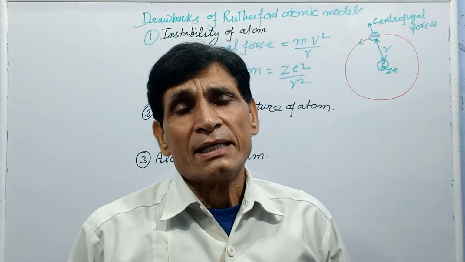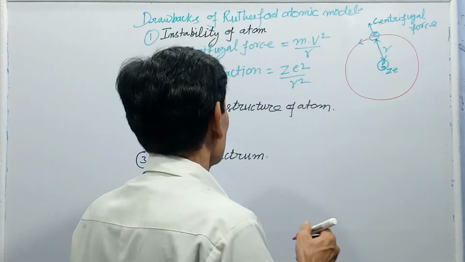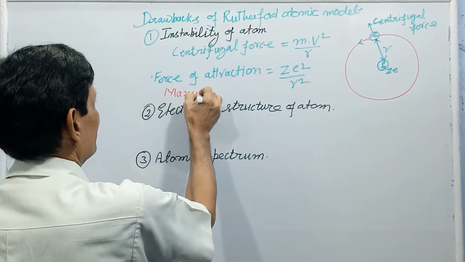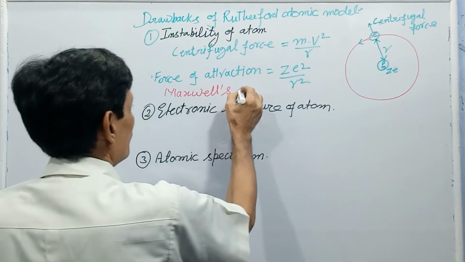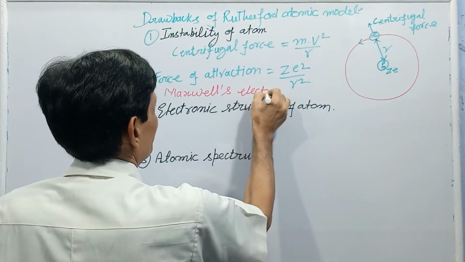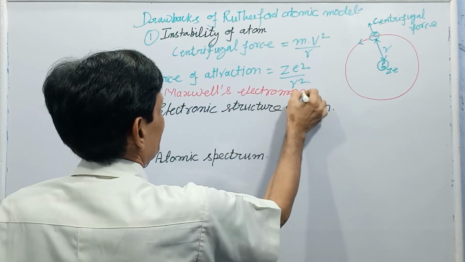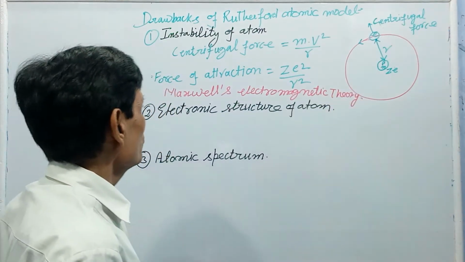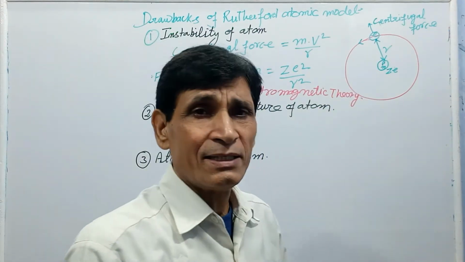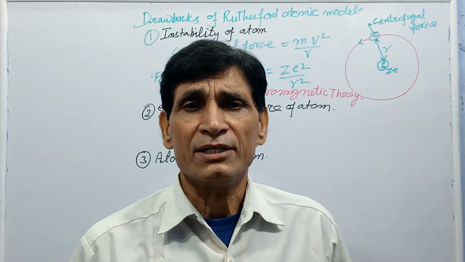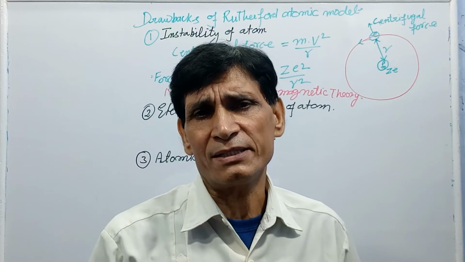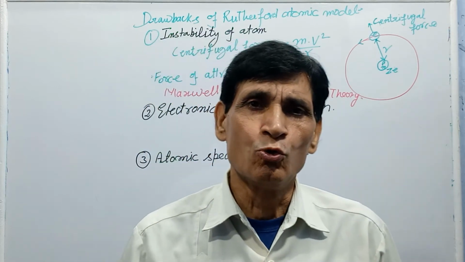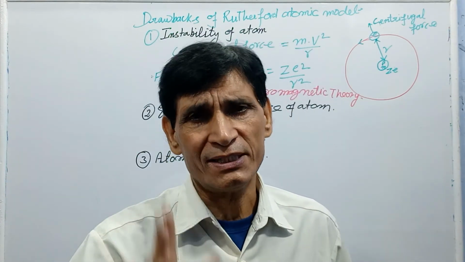Now, according to Clerk Maxwell's electromagnetic theory of radiation, an accelerated charged particle loses energy constantly in the form of radiation.